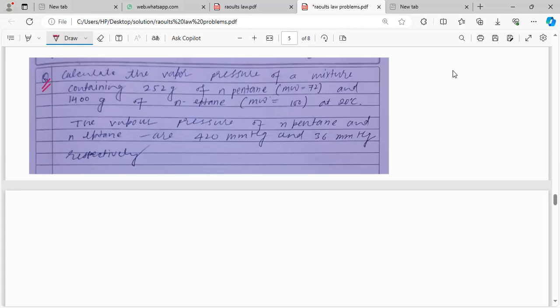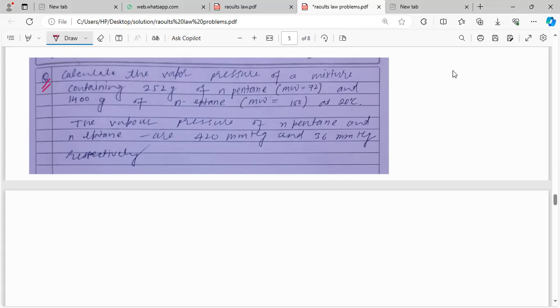N-heptane molar weight is 100. So the vapor pressure of N-pentane and N-heptane for 20 ml.